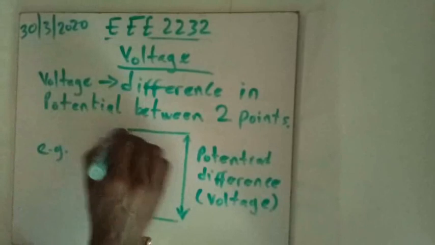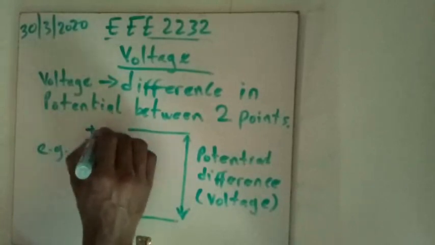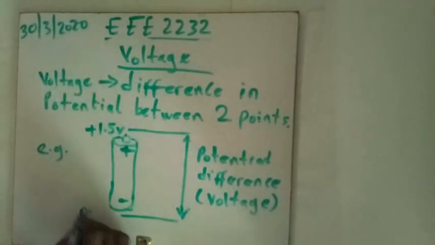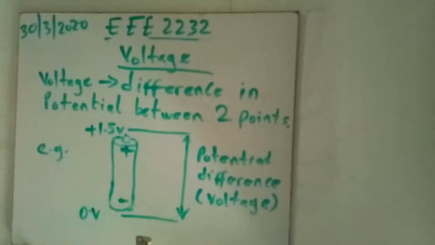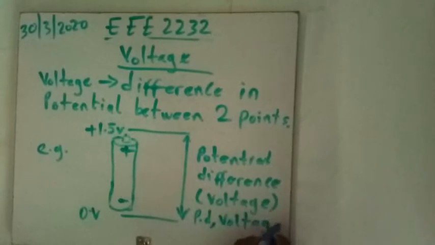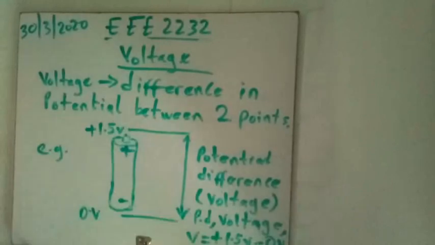For example, if this is plus 1.5 volts and this is 0 volts, that means the potential difference, PD, which is also the voltage, V, is equal to plus 1.5 volts minus 0 volts, which is equal to plus 1.5 volts.